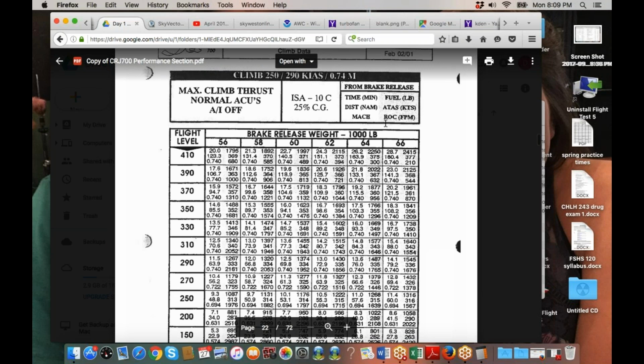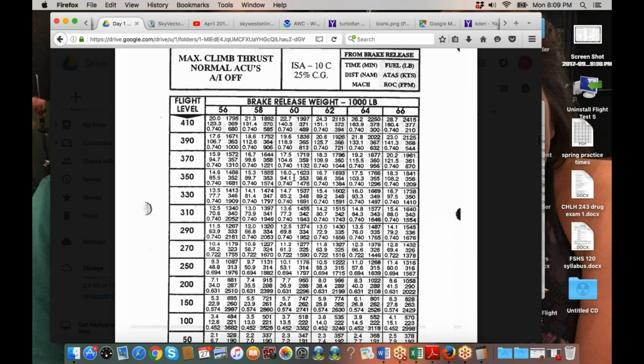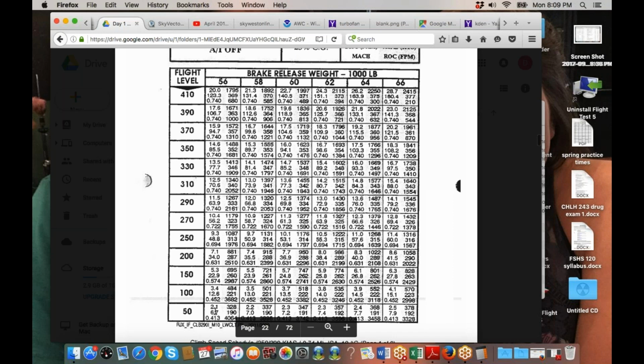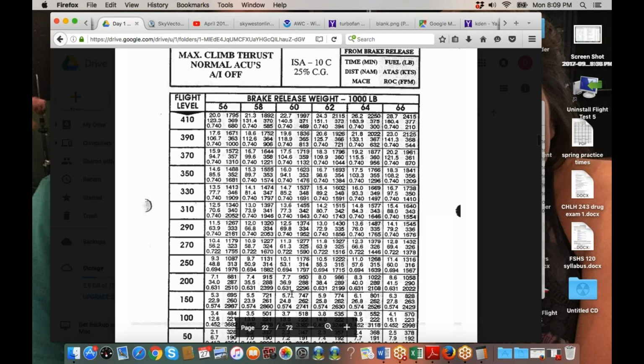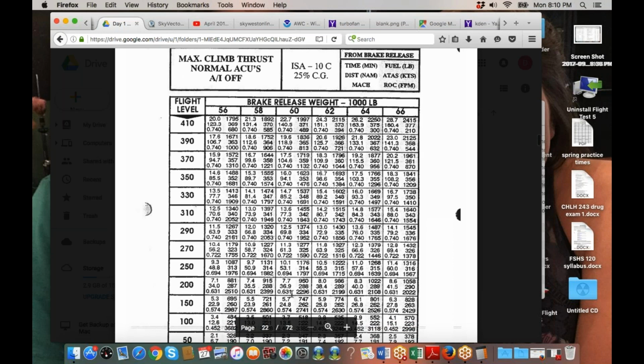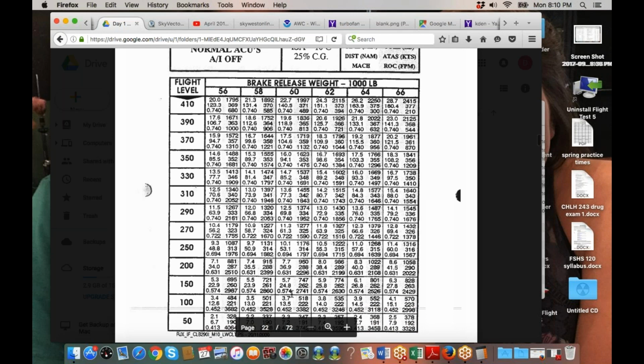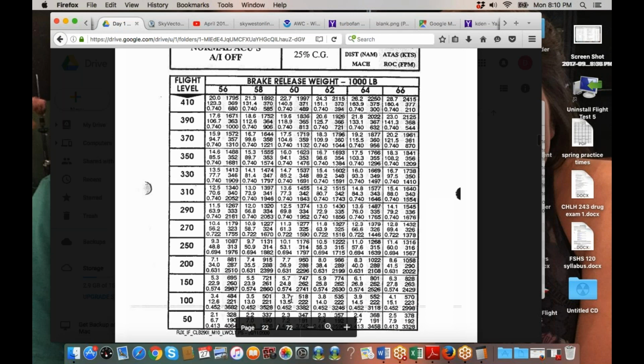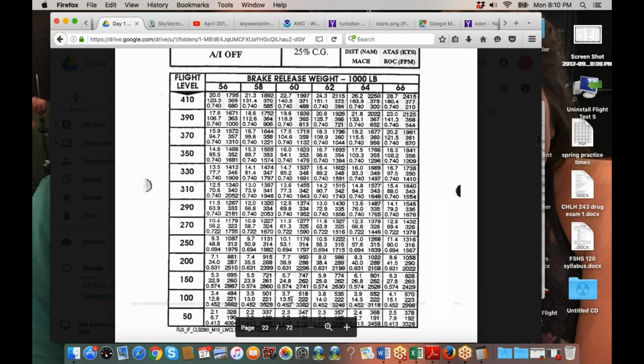So if we're climbing out, let's just say on this one, we're climbing out to 10,000 feet. This will tell us, if we look at how much distance it takes, distance, time, and then it'll actually tell us our fuel burn.